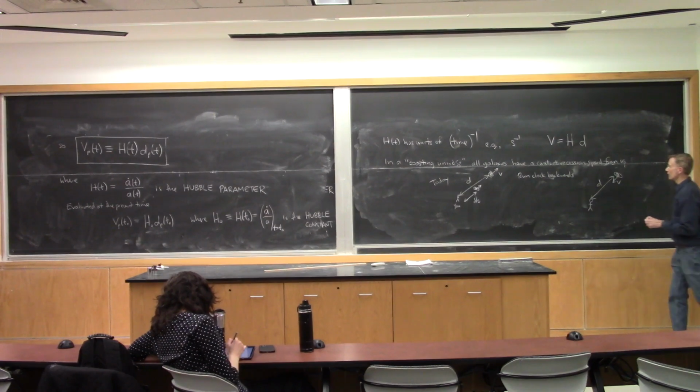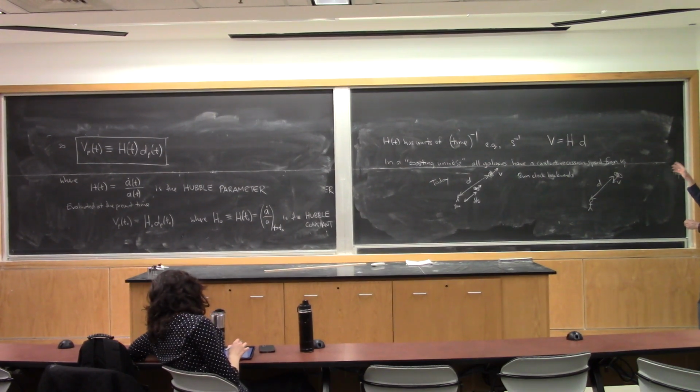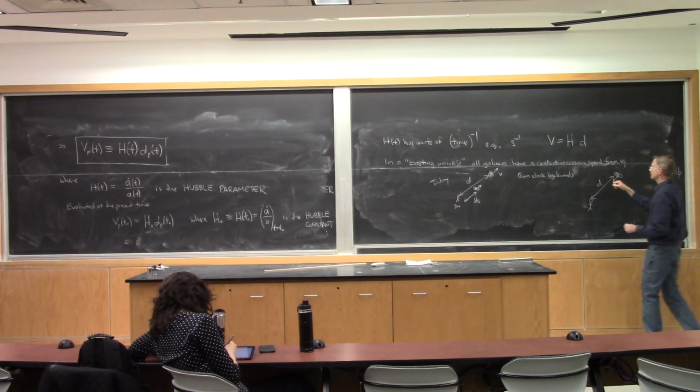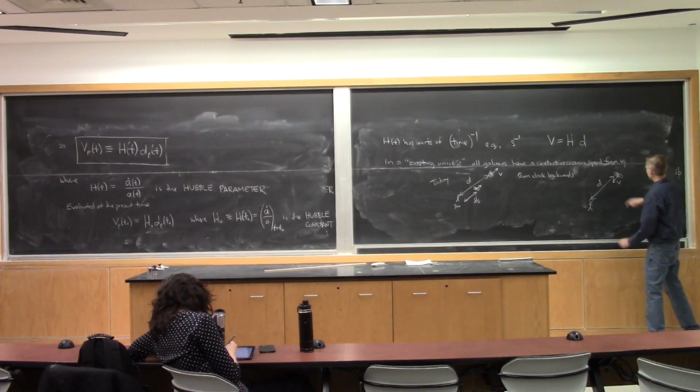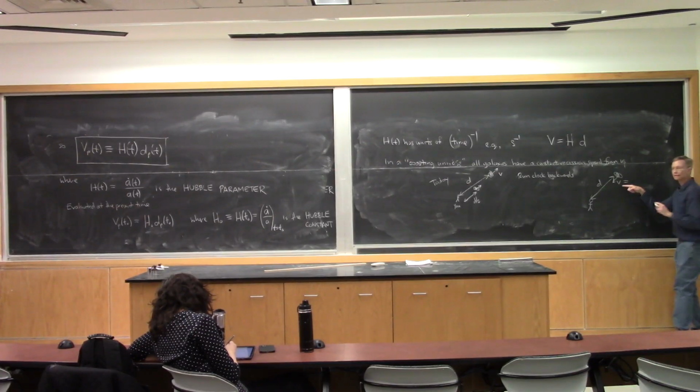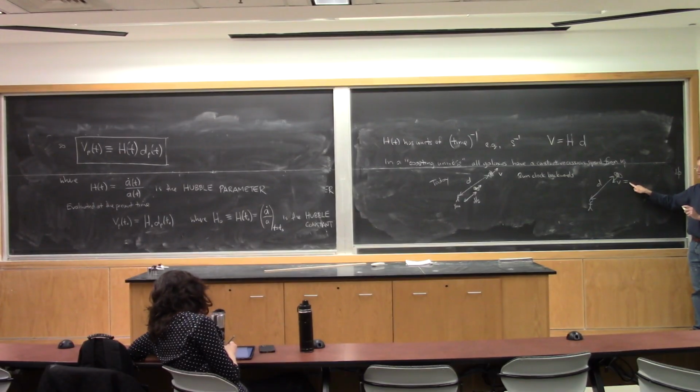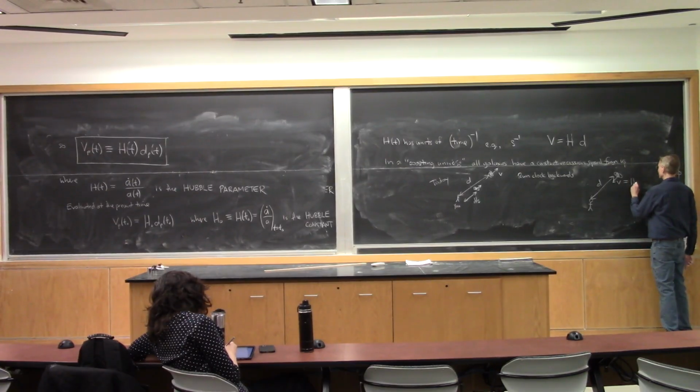But I just want to know, okay, I'm assuming that whatever H is today, v is HD, describes how fast a galaxy is moving away from us. So it's moving back towards us at what speed? If I run the clock backwards, it's distance d away, how fast is it moving towards us? In terms of H and the distance. HD. I'm not trying to make a tricky question here.